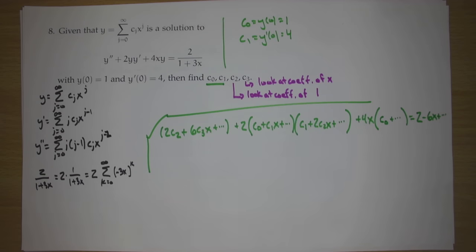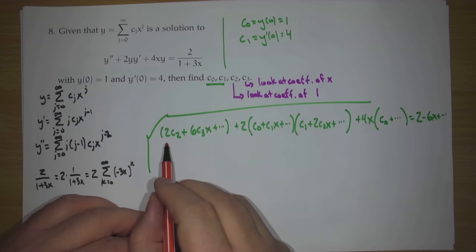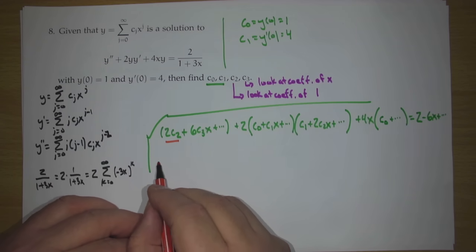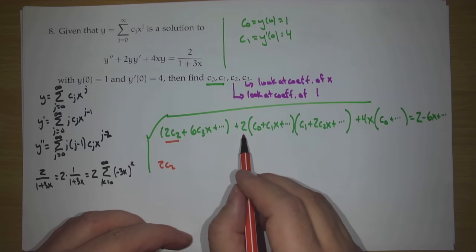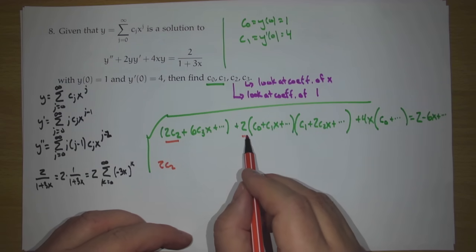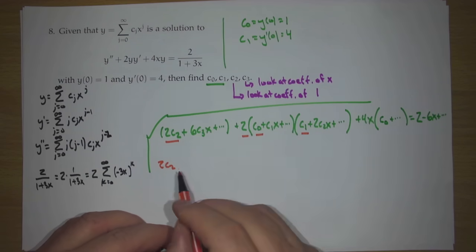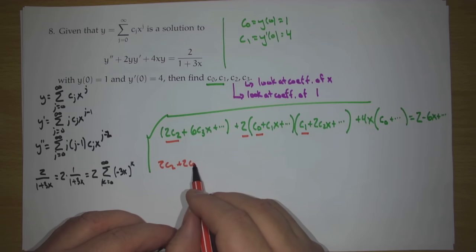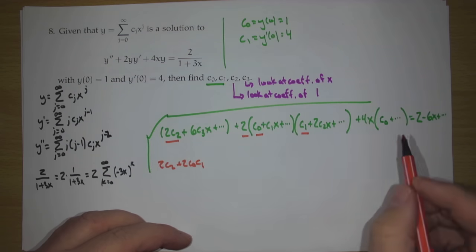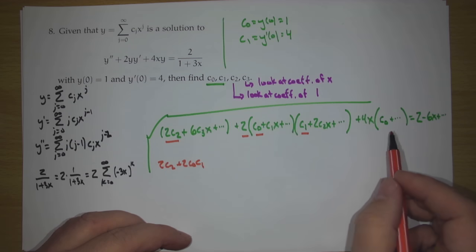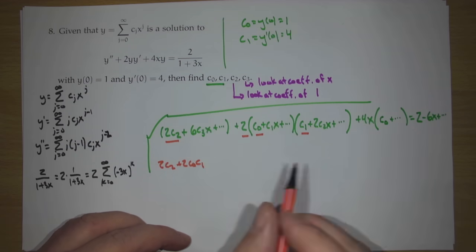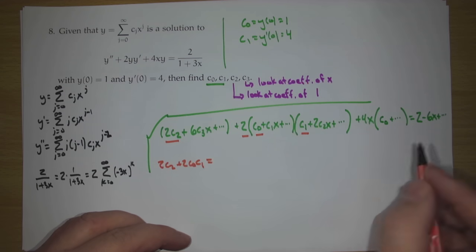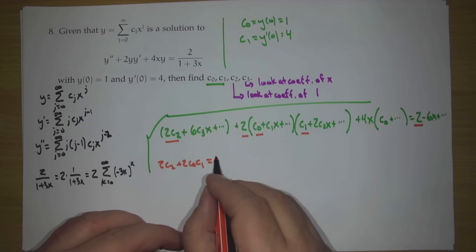We gather. So, how can we get our constants? Well, we go through and look for constants. 2c2, that's a constant. And now, the next term, the only way I can get a constant would be 2 times the constant, plus 2c0. c1, no constant there. So that's the constant on the left. That has to match the constant on the right, which is 2.